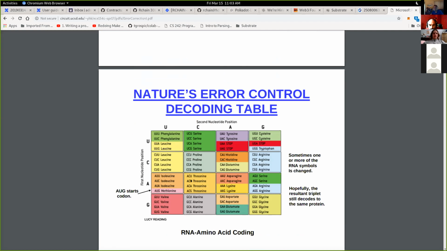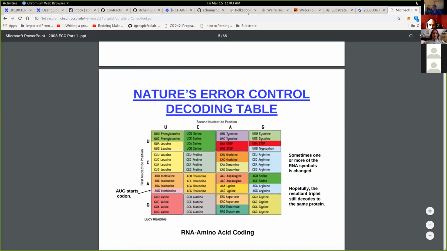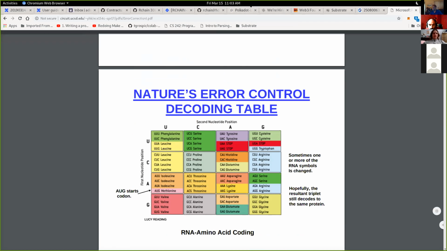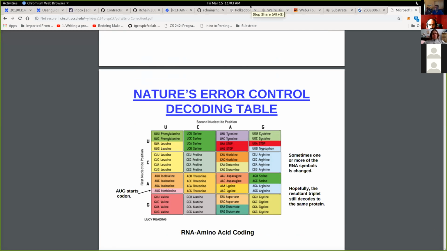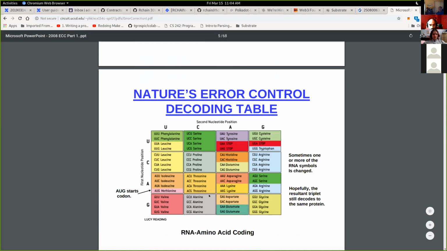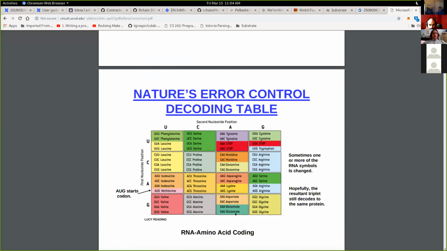But anyway, I just thought I'd share that resource. Yeah. It's interesting because if you look at that aspartate and glutamate, bottom right, and then go to the left one, there's a distinction. So you can do GA, and then depending on that last one, it's going to be the aspartate or the glutamate.